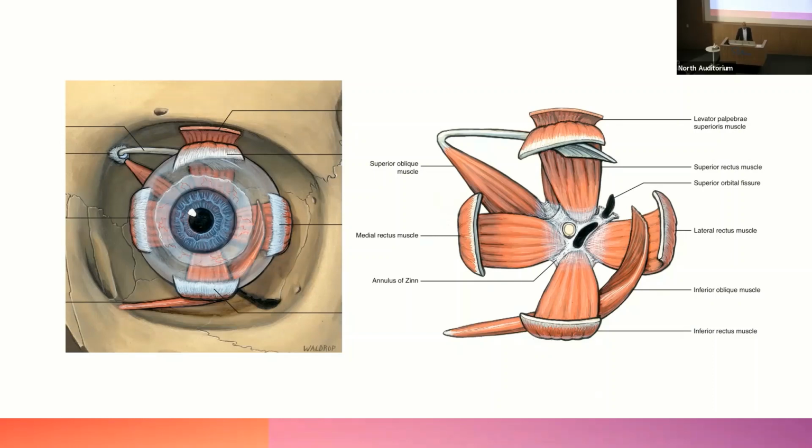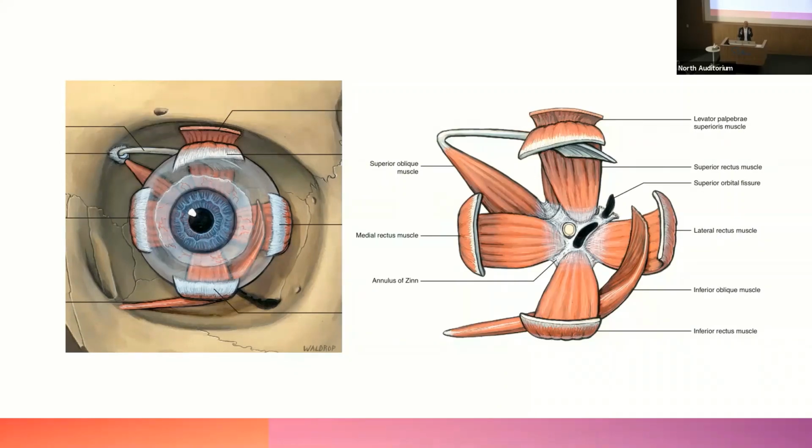So you really need to remember 2 muscles. One is lateral rectus, which is supplied by 6, and one is superior oblique, which is supplied by 4. Everything else is supplied by 3. So remember 6 does abduction, lateral rectus.